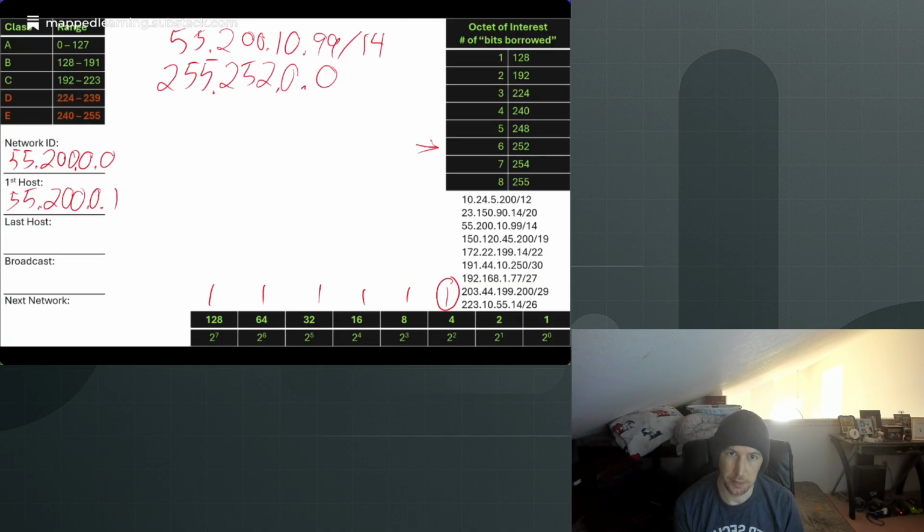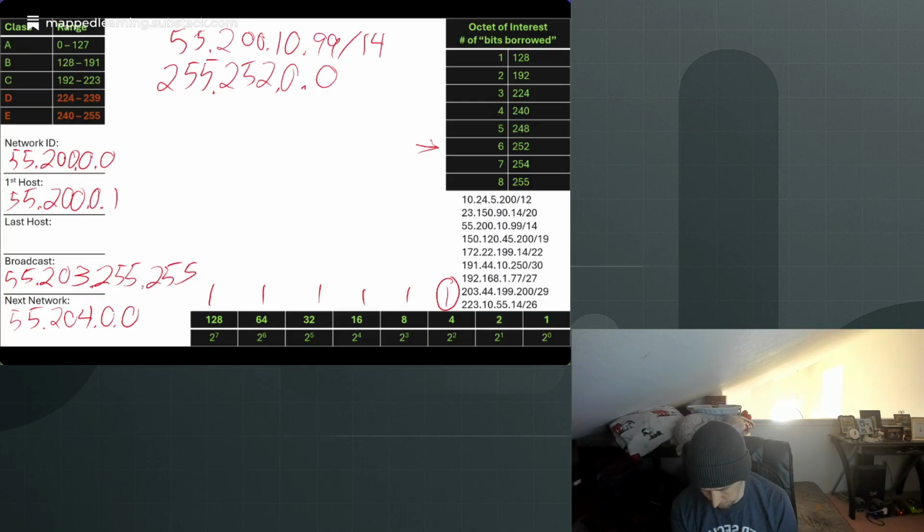So 4 added to 200 is 204. 55.204.0.0. Subtract one binary bit. Broadcast is 55.203.255.255. And then last host 55.203.255.254. And there we go.